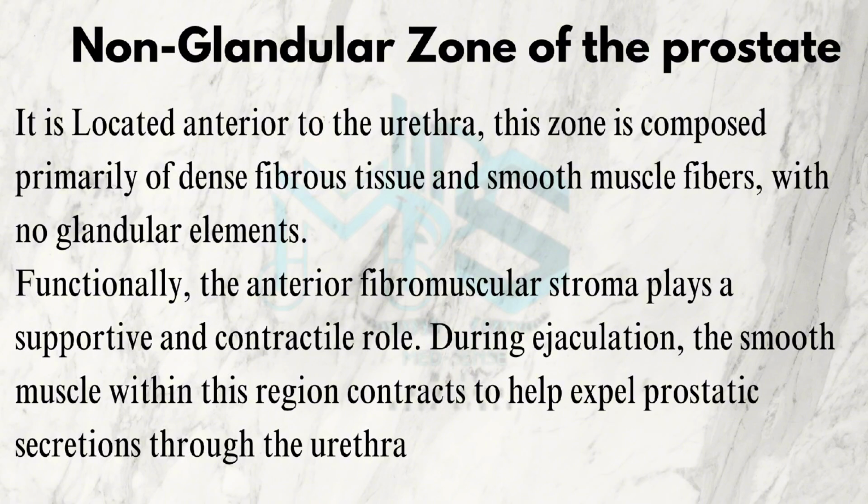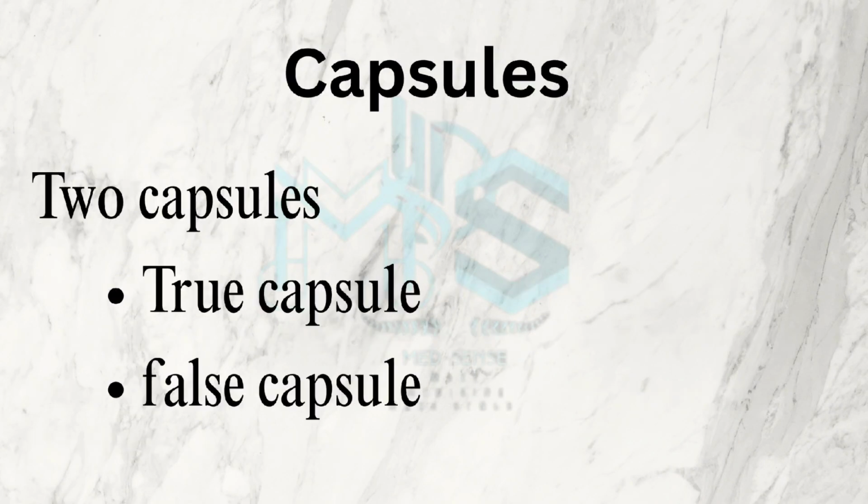During ejaculation, the smooth muscles within this region contract to help expel prostatic secretions through the urethra. Now, what this tells us is that the major contractile function of the prostate during ejaculation is primarily done by the non-glandular zone.